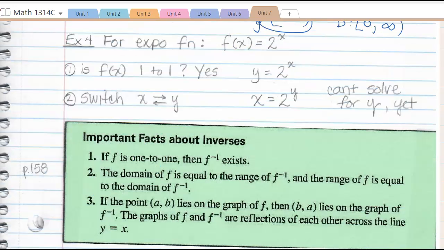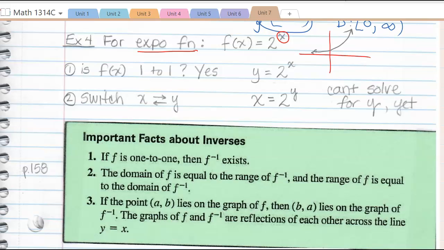So let's try one more. For example number 4, let's say we have an exponential function. An exponential function is the one where we have a base and our exponent is what has the x value in there. So our f of x is equal to 2 to the x power. And if we go back to our parent functions, we would actually find this graph looking like this. That would be what I would call my ballet move.